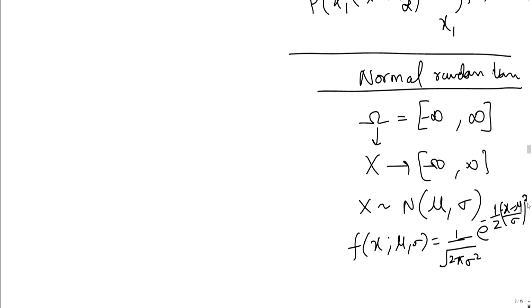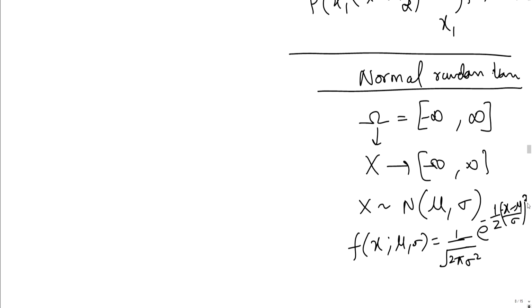So, this is the probability density function of a normal distribution. But of course, it should follow certain properties; only then would it make sense to assume that a particular random variable has a normal distribution. We will see what those properties are.